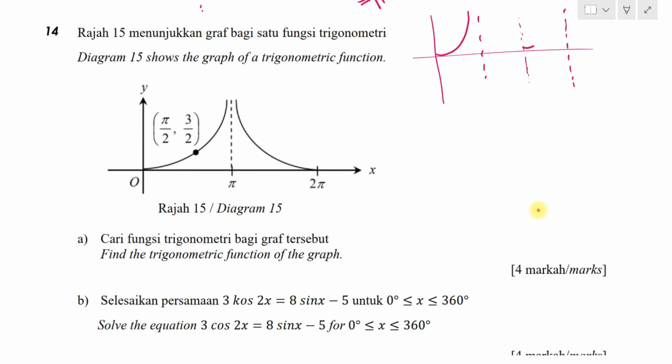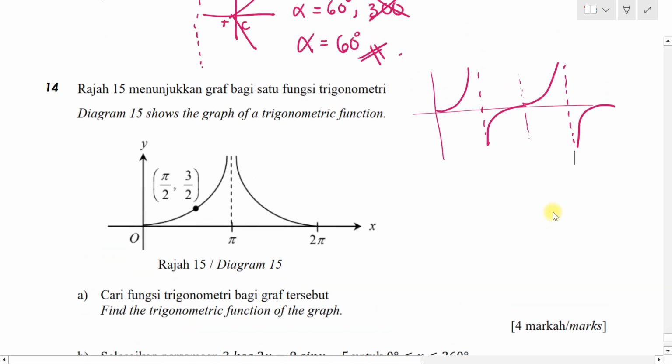First and third, second and fourth, like this. But how did they draw the graph? The first one they follow. The second one is supposed to be drawn like this, but they drew like this.